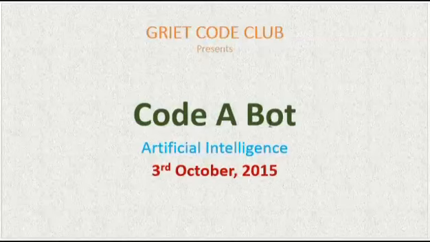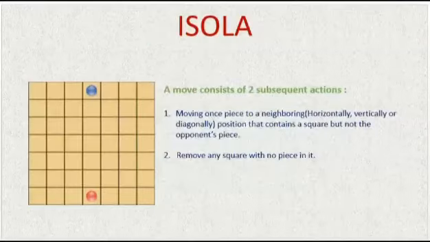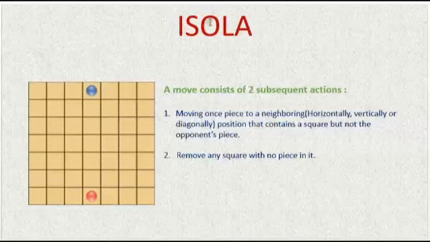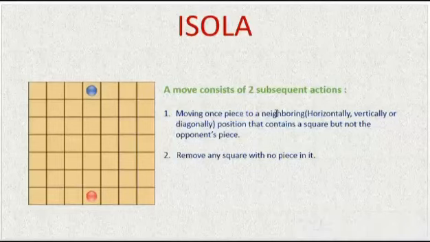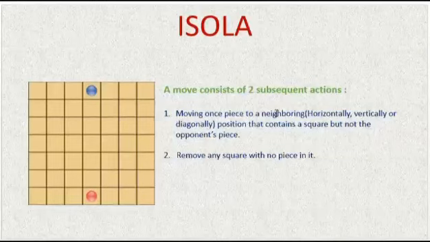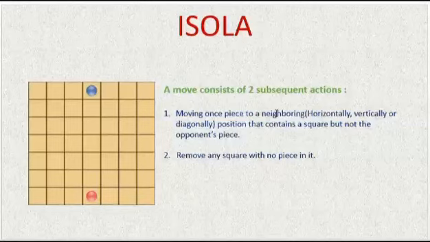Coming to the event Codeabout, it basically deals with a game called Isola. Isola is a word derived from isolation, which means you have to isolate the opponent's piece. Isola is a 7x7 board game which consists of two players. It has one coin for each player, which are placed in the middle of the row nearest to the player.